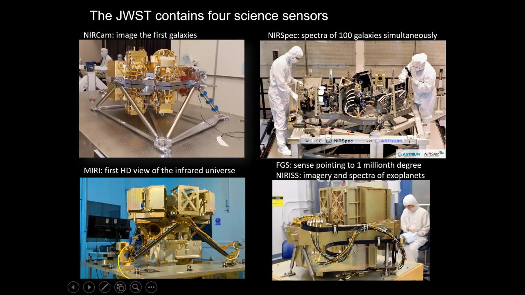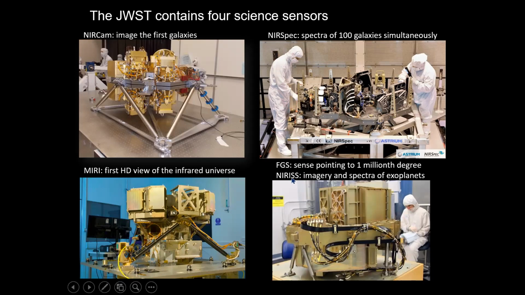It is both an imager and a spectrometer, and it was built by a consortium of 10 European countries and NASA's Jet Propulsion Laboratory. And it was led by the University of Arizona and the European Advanced Technology Center in Edinburgh, Scotland.